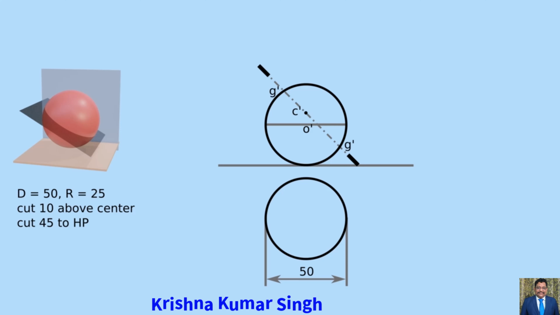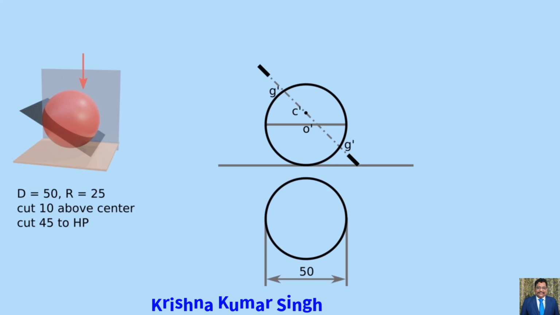Now draw the 45 degree angle line through point C'. We can draw this line using a mini drafter or protractor. The point where this line intersects the front view circle, name that point as G'. So here G' is the cutting plane. Now it's time to draw a sectional view.